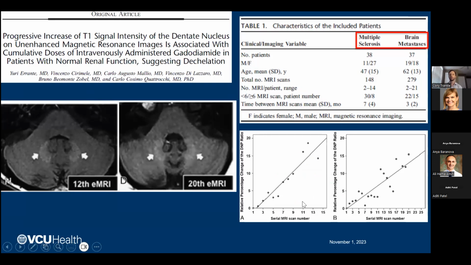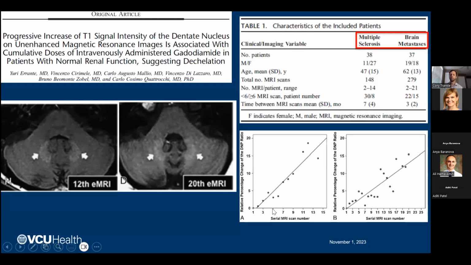These images are actually acquired before giving the contrast in this particular exam, but these areas right here in the dentate nucleus are already bright, and so they're realizing that there's already accumulation of the prior contrast agents here.